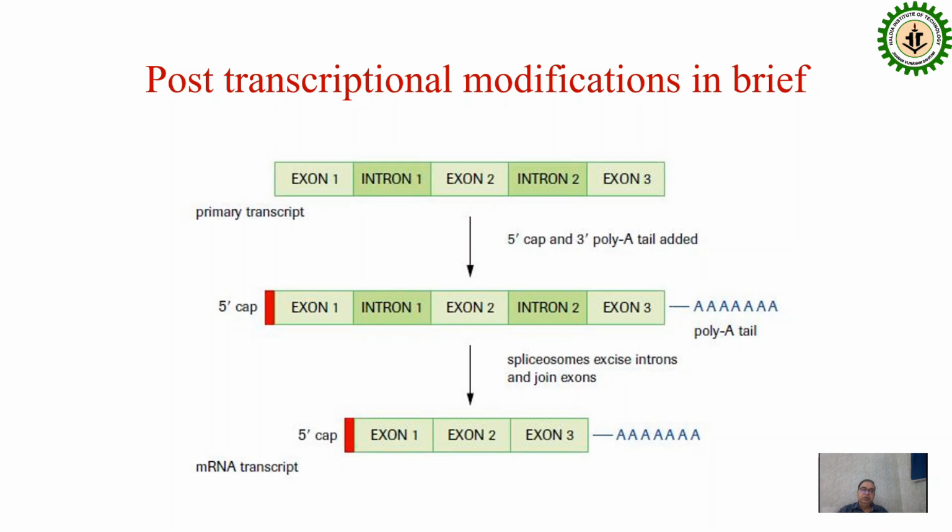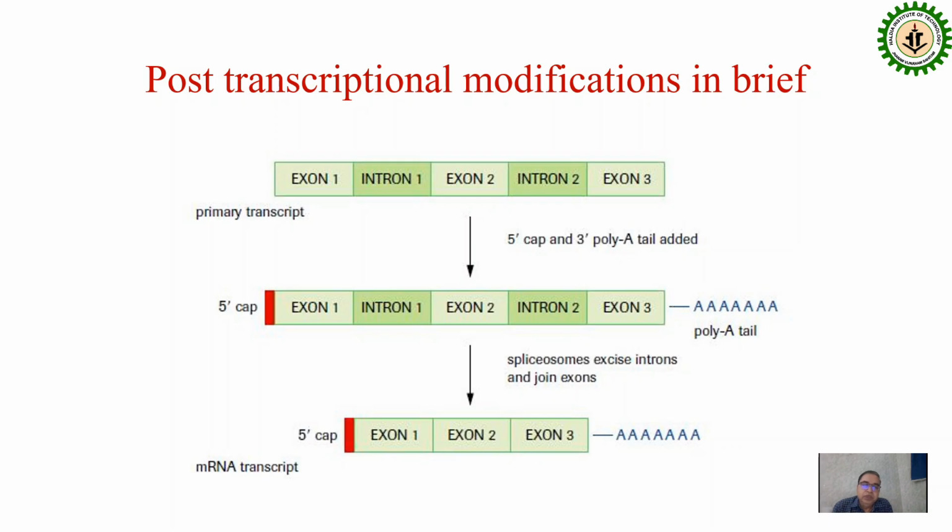Then these introns are non-coding parts, so this has to be removed and the exons are joined together, and that makes the mRNA. So here in this figure you can see there are exon 1, exon 2, exon 3, and these spliceosomes excise introns and join the exons, and that results in the compact RNA, which is the mRNA, having exon 1, exon 2, exon 3.